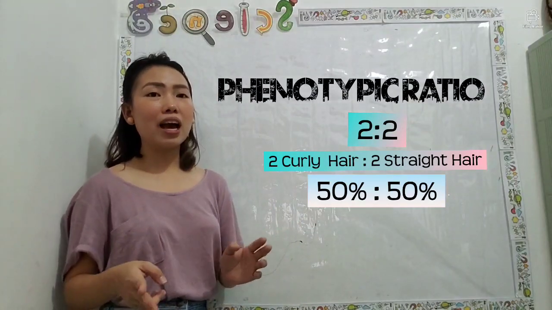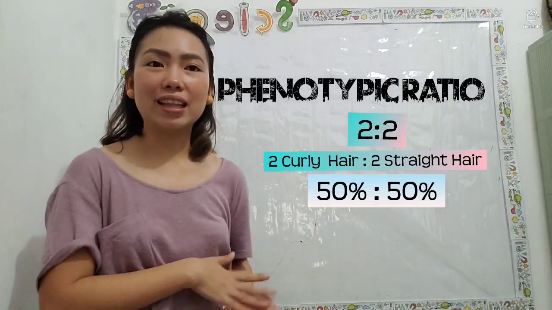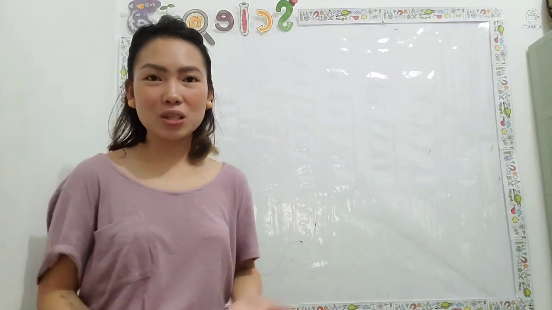Dalawang curly at dalawang straight hair. So that would be the expression of the trait if you crossbreed or if you have a monohybrid with a curly na heterozygous and a recessive trait. Okay. So that would be the result.